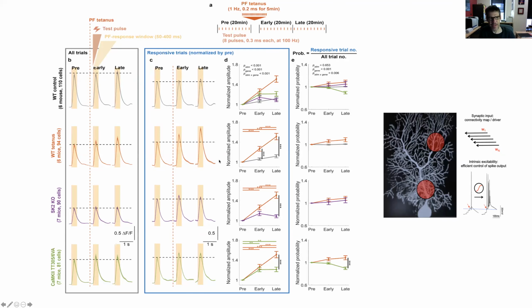So let's focus on this middle square. You see an increase in the response of this calcium signal measured in the dendrite. Early means 20 minutes, averaged over 20 minutes, and then late 20 minutes. So it's really over 40 minutes in total. And then we see that the signal increases over time, and it increases significantly over the wild type control.